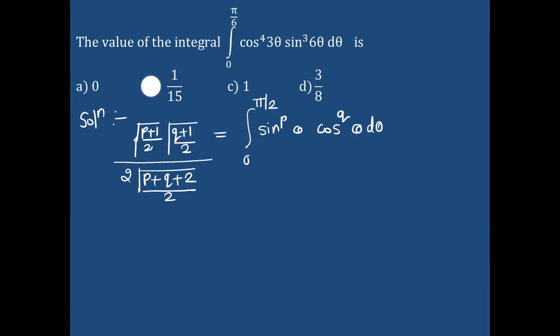This is the formula we will use whenever we have to evaluate an integral of such type.